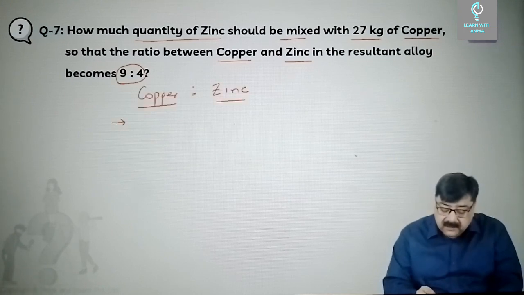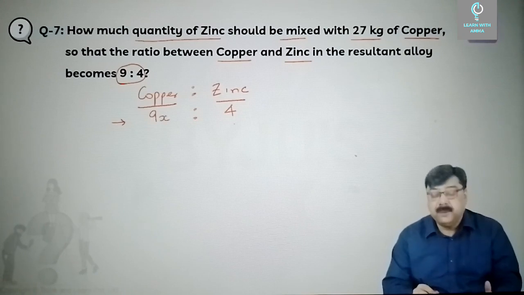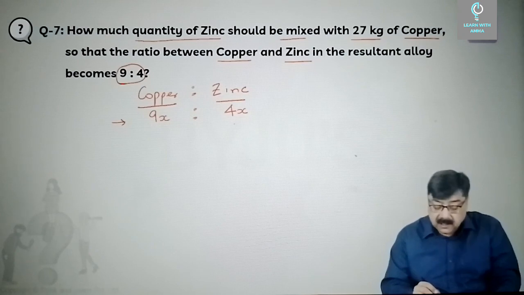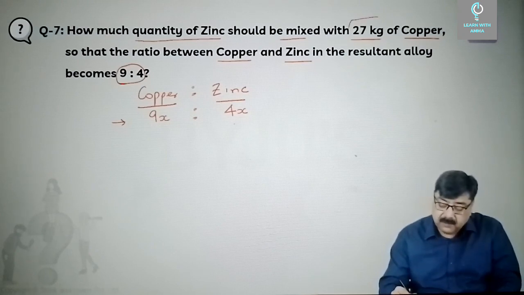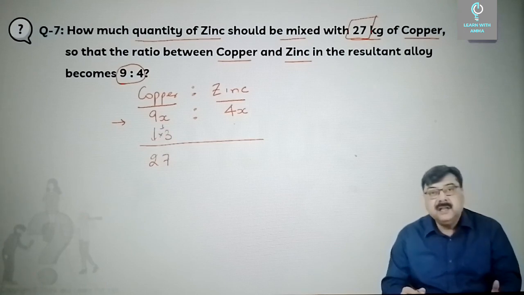Now it is already given that the copper and zinc ratio should be 9:4, which means 9x amount of copper is mixed with 4x amount of zinc. Now this 9x amount of copper is already given to you as 27 kgs. So directly you can see here, how do you get 27 from 9? The value of x here must be 3.